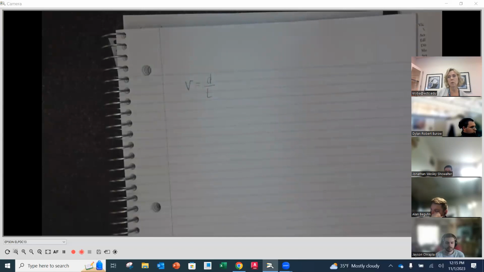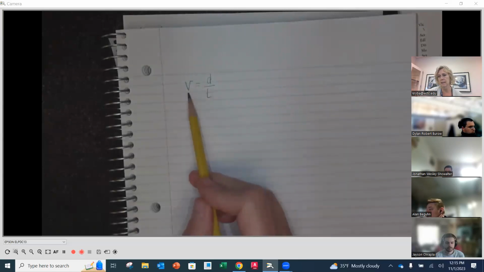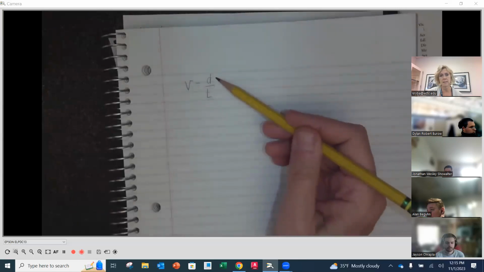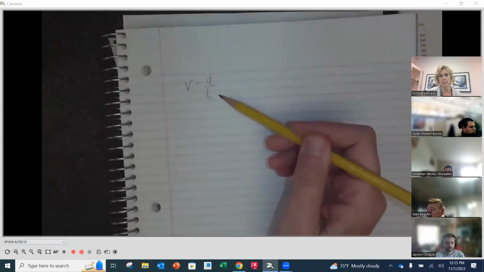And you'll always show me first and foremost the equation in variable form. It's kind of like you're telling me what you're going to do before you do it. Okay. In this case, we're going to be determining what the velocity is. And the equation for determining velocity is distance divided by time. Okay. Distance divided by time.